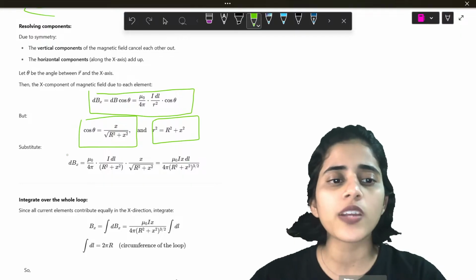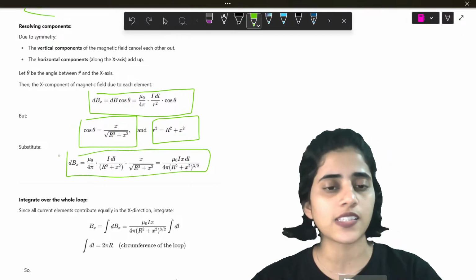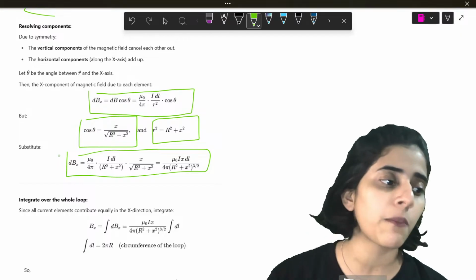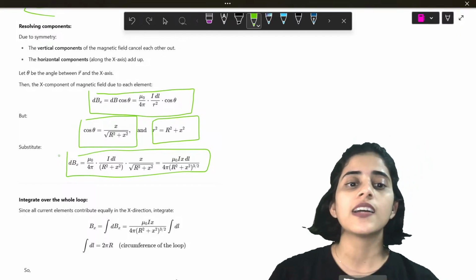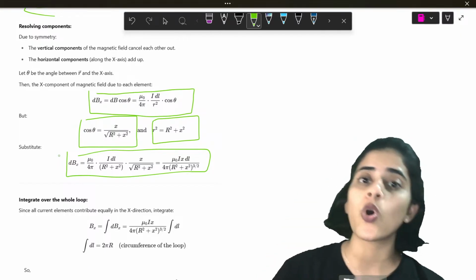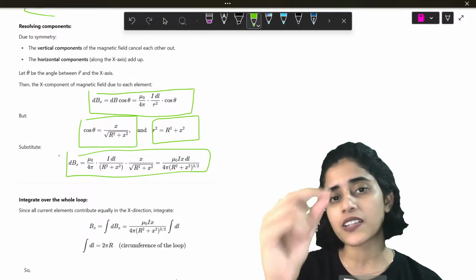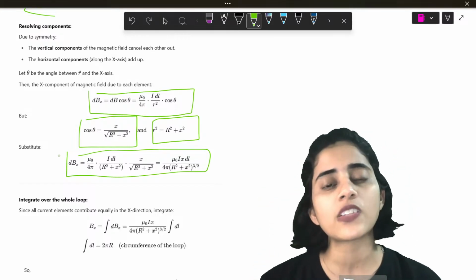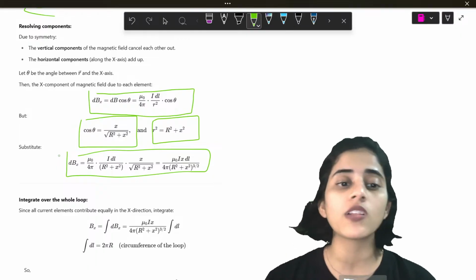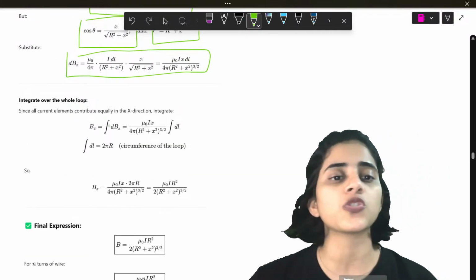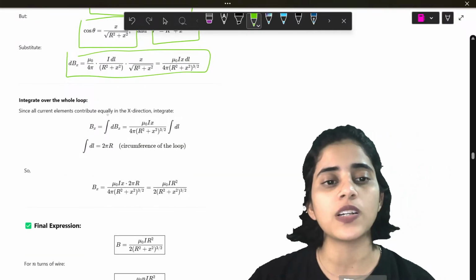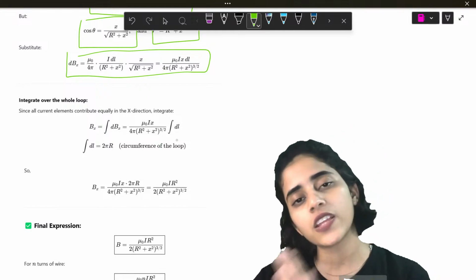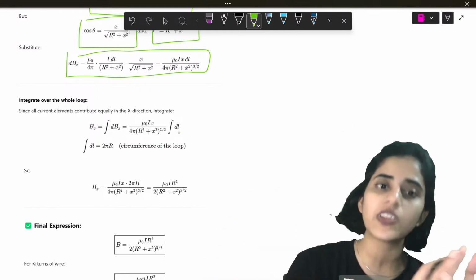Now you get a formula for dBx. But dBx is not enough. You need to find Bx, which is the magnetic field because of the whole thing. dBx is the magnetic field because of the small element dl, but you need the magnetic field because of the whole loop. So Bx is equal to the integral of dBx. To integrate, everything is a constant, so you kick everything out.